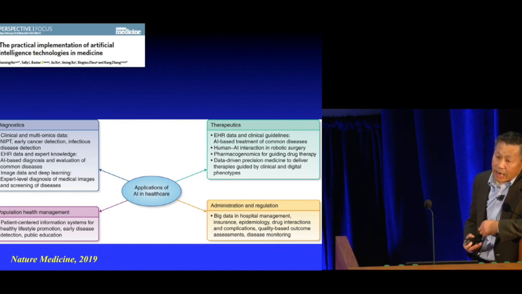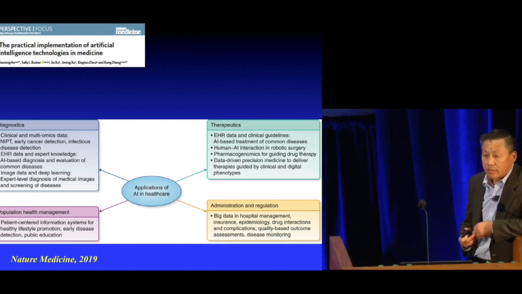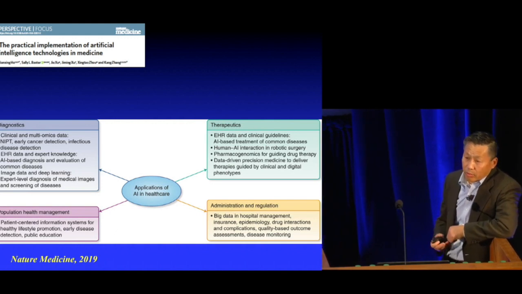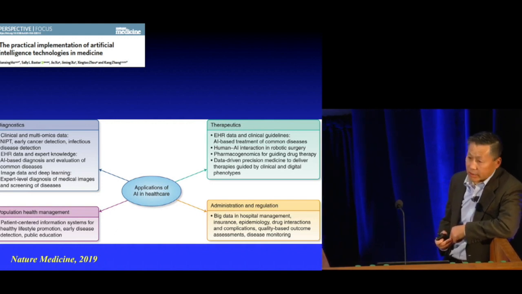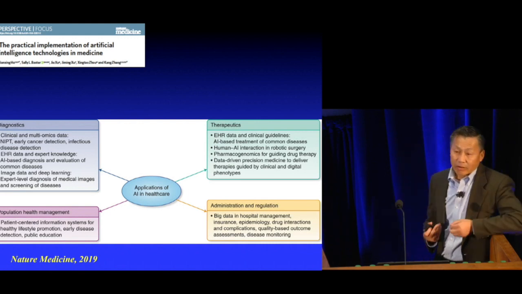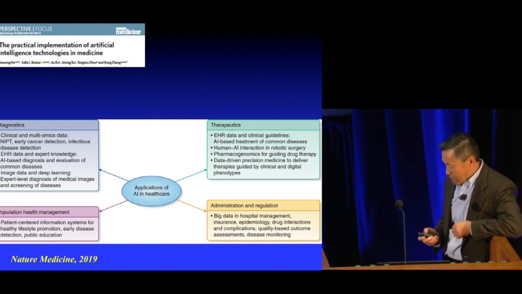You have heard a lot of exciting talks here, and I think this is just the beginning of what we can do for our patients and for our systems. I'm hoping, just like Dr. Eric Topol said, that within the next 5 to 10 years we can dramatically improve our system, lower the cost, and also give our physicians a lot more time and quality interactions with our patients.